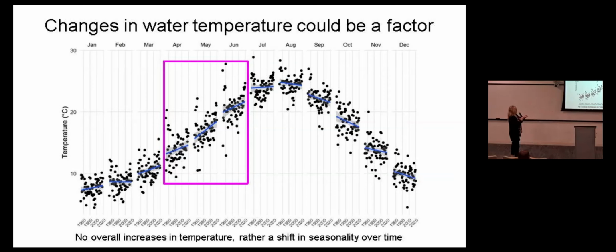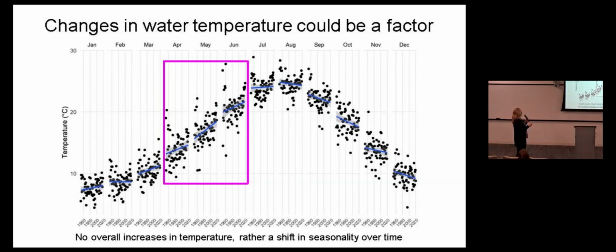So we dug deeper and looked at whether the temperatures within a given month are getting warmer. This is a complicated plot, but what you're seeing is the seasonal cycle in temperature that you would expect in a lake, and these blue lines are our trend lines for that given month. I want to draw your attention to the transition from spring to early summer.